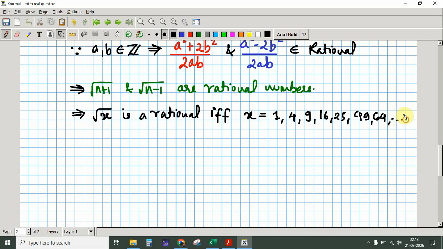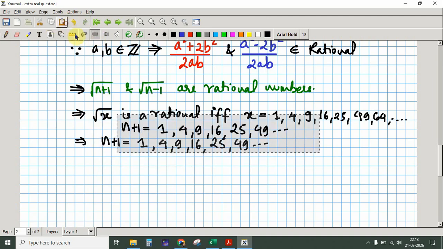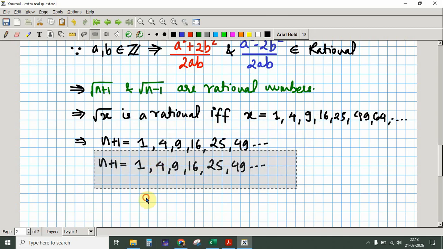Okay, 81, like that. Those are the perfect square numbers. So this means that n plus 1 can be 1 or 4 or 9 or 16 or 25, 49, like that. Similarly, this n minus 1 should also be one of these.